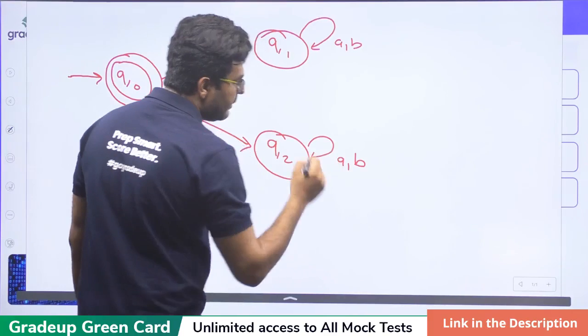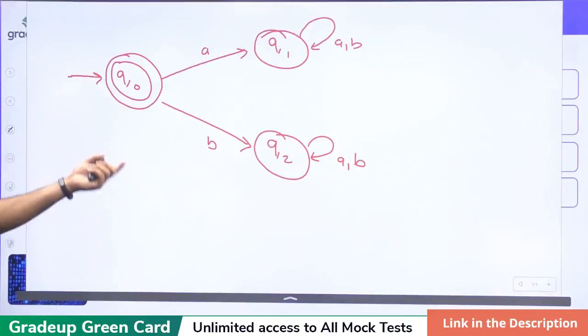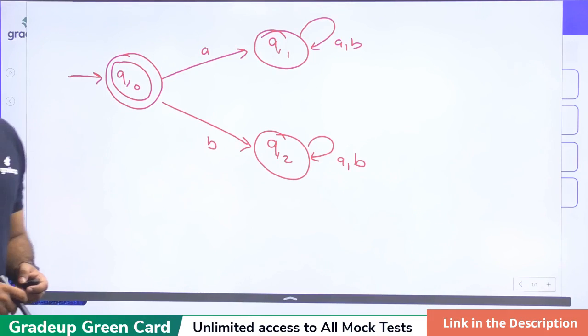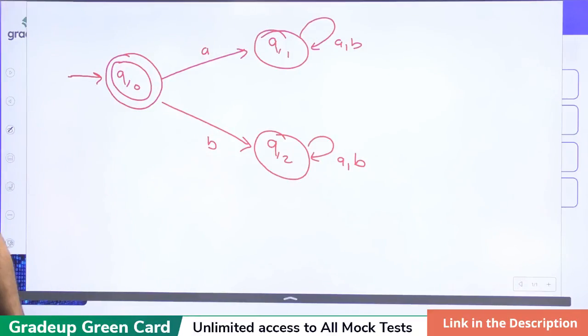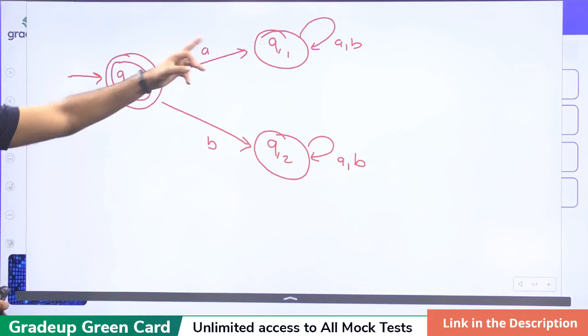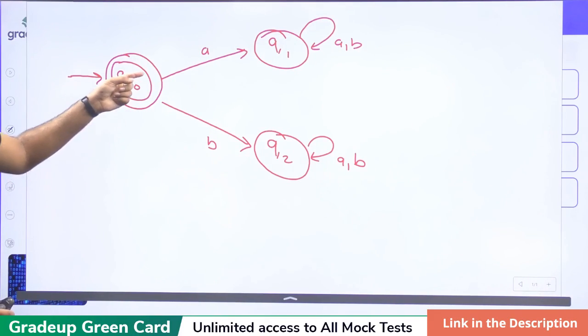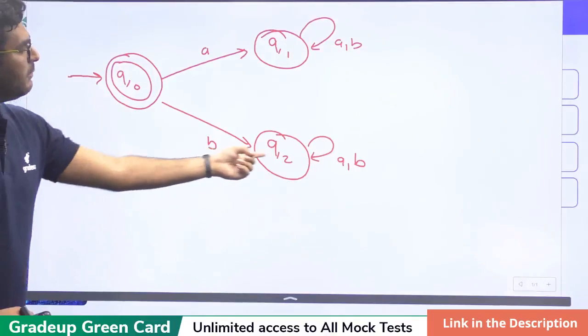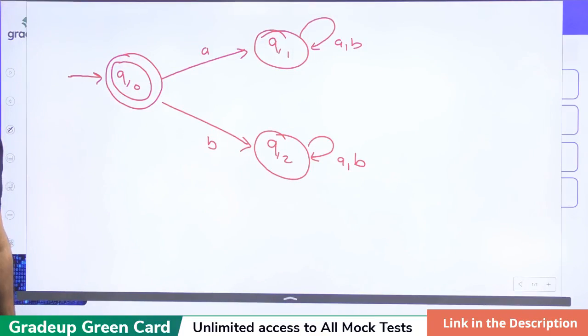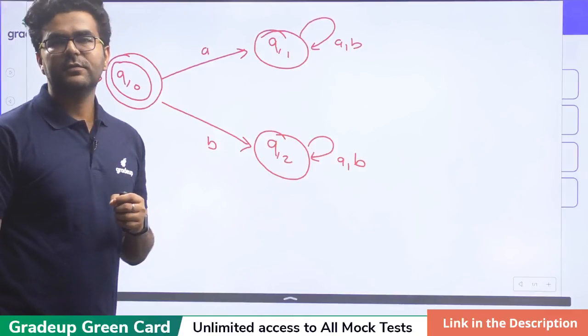So can anybody tell me what is the language accepted by this automata? It has 3 different states: Q0, Q1 and Q2. At Q0, after reading A, we go to Q1. At Q0, after reading B, we go to Q2. So what should be the language accepted by this automata? Can any one of you answer it?